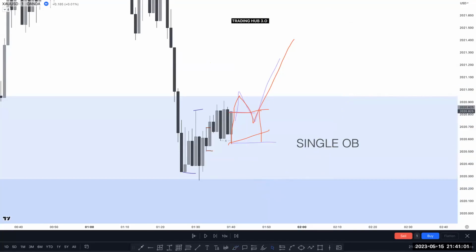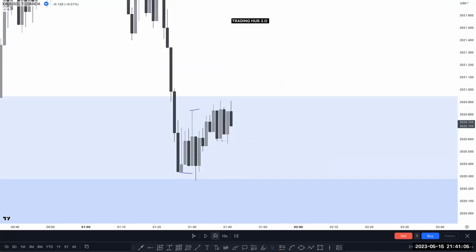Okay. Perfect. The market took out the inducement, so you have to buy here based on a single candle order block. Like the previous candle swept here and the next candle came back, and then you can buy. This is the first entry here. Perfect.